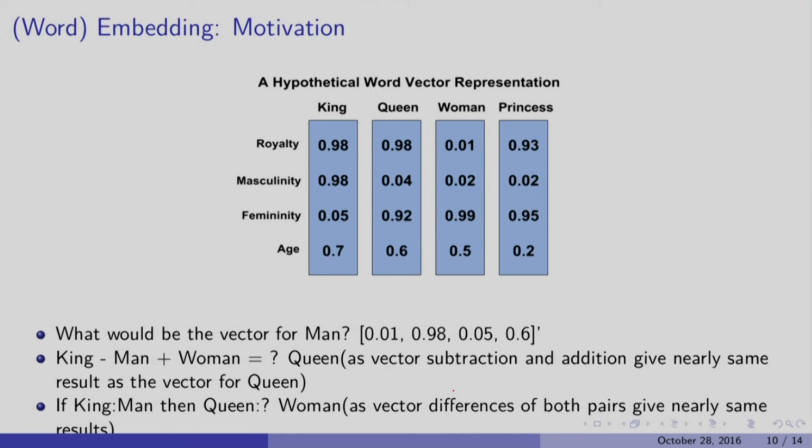So the first case, what you are interested in is vector subtraction and addition, and the second case, again we are interested in matching the vector differences of both pairs. The following vector representation for man seems to be sufficient for these equalities to approximately hold.